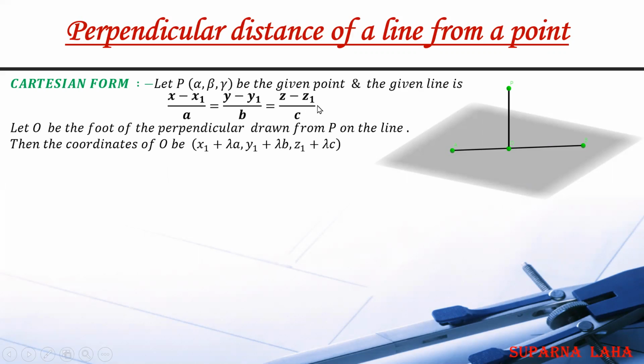If you take the ratio equal to lambda, any arbitrary point on the straight line can be represented in this form.